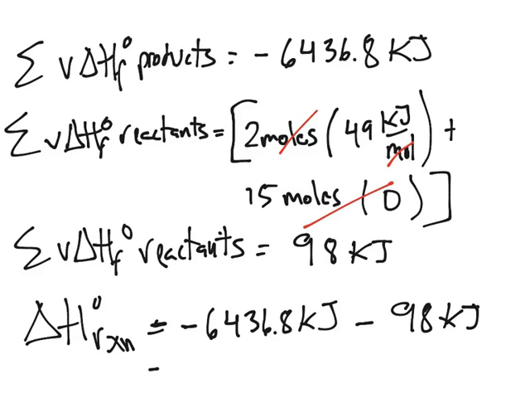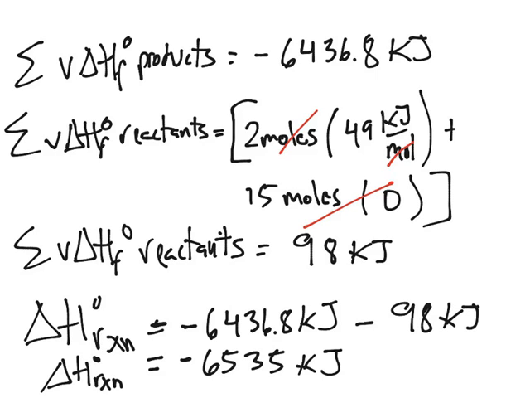Simply being delta H reaction negative 6,535, about that, kilojoules. And this is our answer.